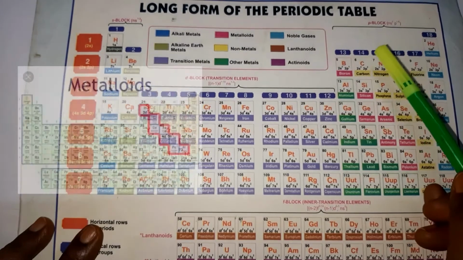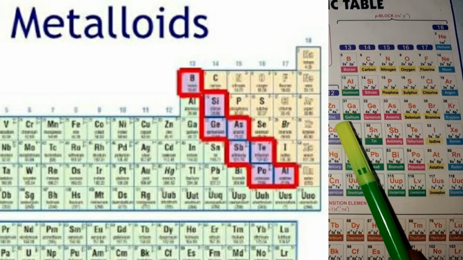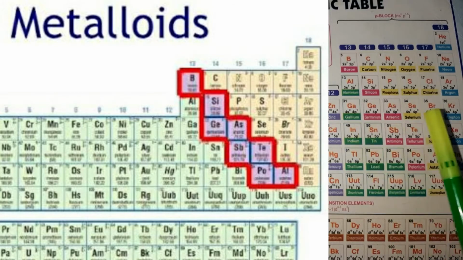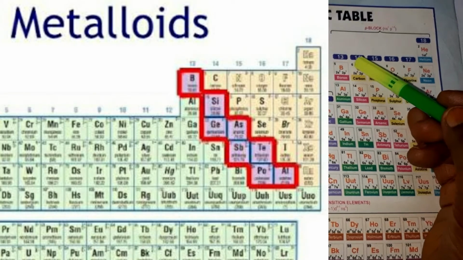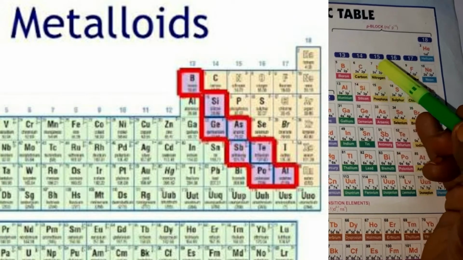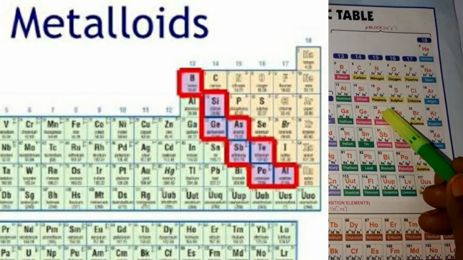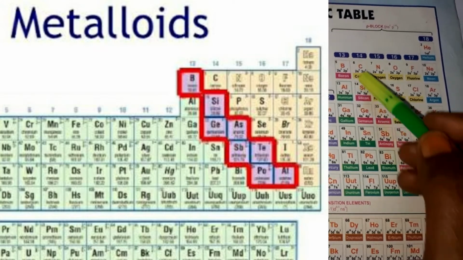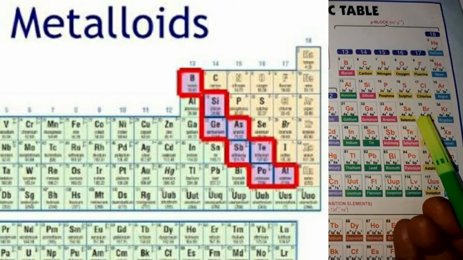And you can see here some of the elements which share both metallic characters and non-metallic characters. For example, you can take boron, silicon, astatine. These elements share both metallic as well as non-metallic characteristics.